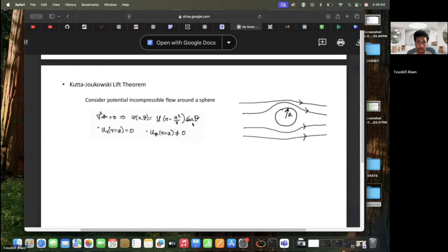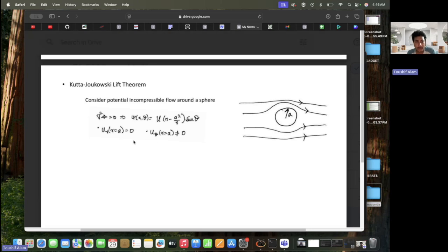Okay, so then we get del square phi is 0, and we know phi as a function of r and theta. Define the potential in this form. At r equal to a, you can see the r minus a square by r is 0, and u theta at r equal to a is non-zero.